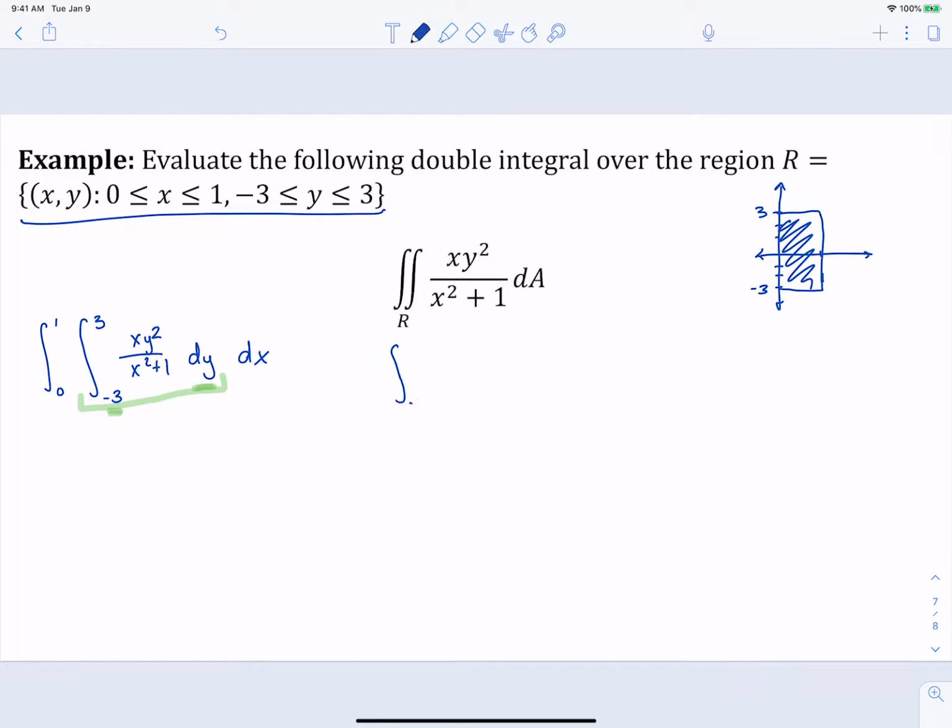So we're going to look at the integral from -3 to 3 of xy squared over x squared plus 1, dy. Now, because we're changing with respect to y here, everything that's got an x is like a constant. So we can pull any of that stuff that's got x's out in front.